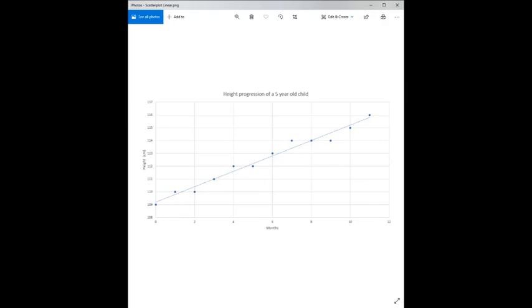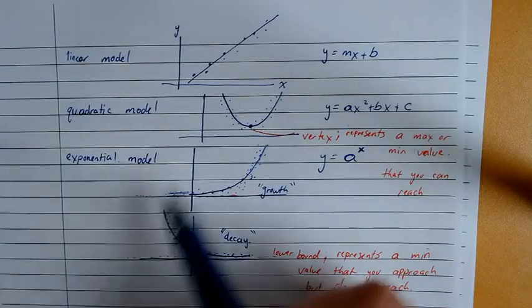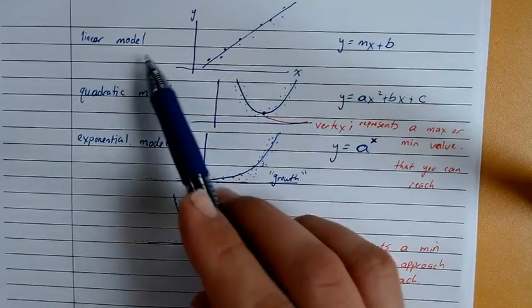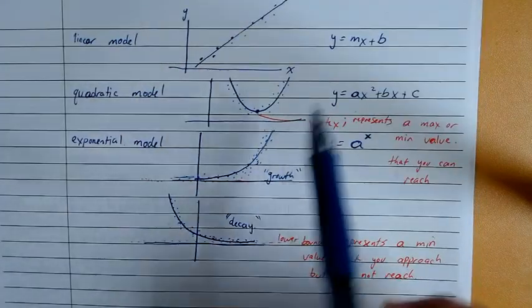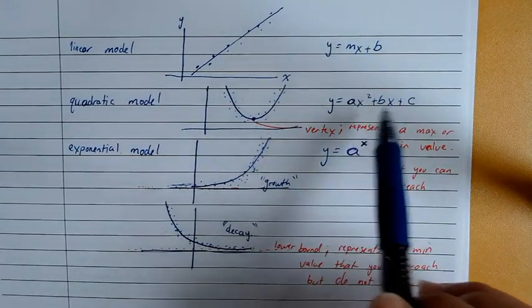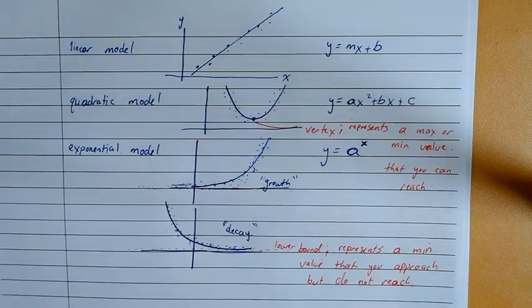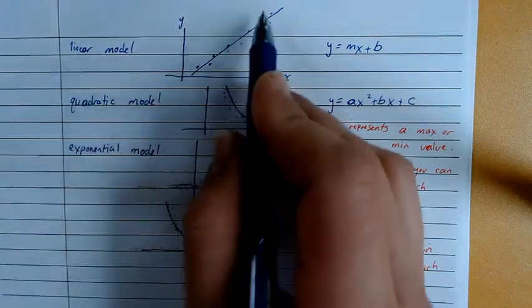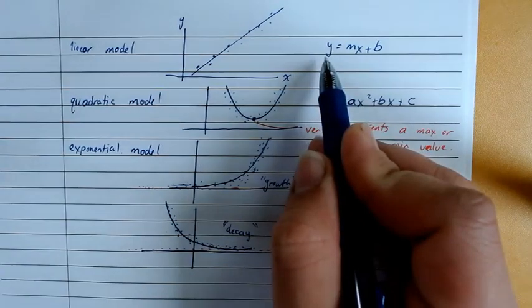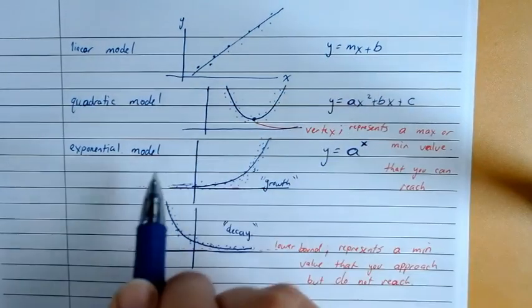But for now, it's sufficient if we recognize the patterns, the shapes right here. We recognize the names that are associated to those patterns, to those shapes, and the basic equations, even if we don't have any specific numbers, that are associated to these models. Namely, if you have a pattern that looks like this, it's called a linear model, and it's represented by an equation that looks like y equals mx plus b.